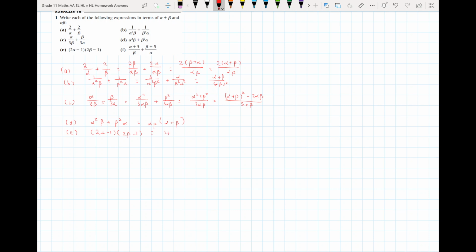So for E, we can expand and we can factor out -2 from the middle two terms, and there we have it.